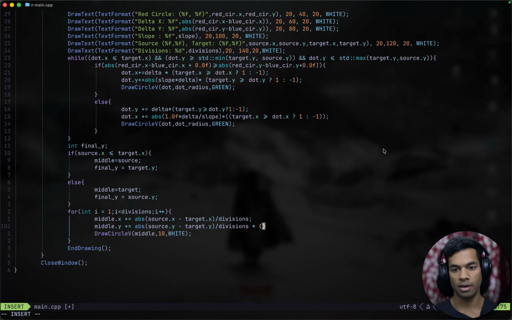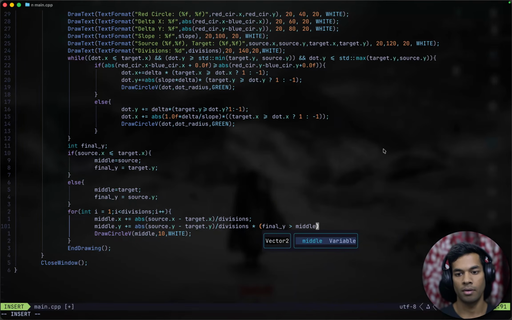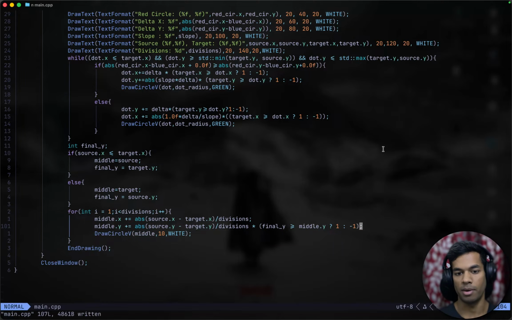Multiply this by, if final y is greater than or equal to middle y, then we need to increase our middle y, so multiply by 1, otherwise multiply by -1.